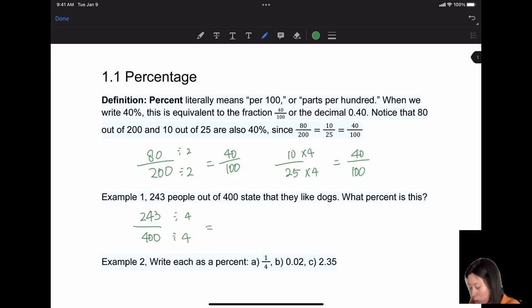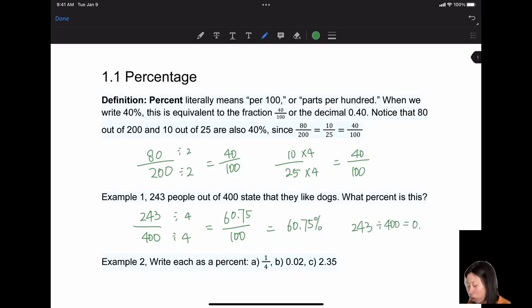So you will have 60.75 over 100. So this is equal to 60.75%. Or you can use a calculator to calculate 243 divided by 400.